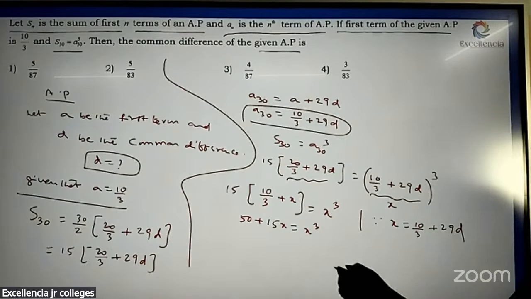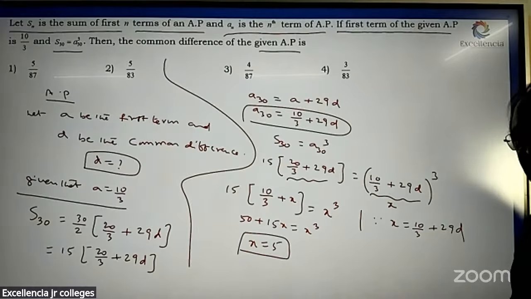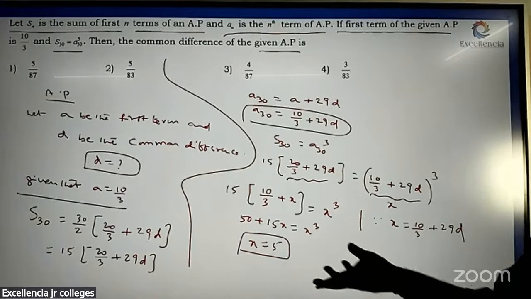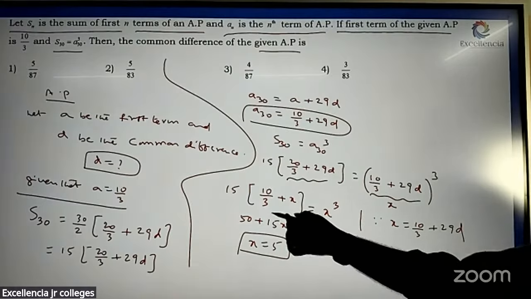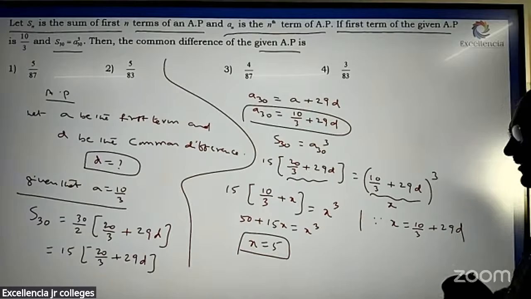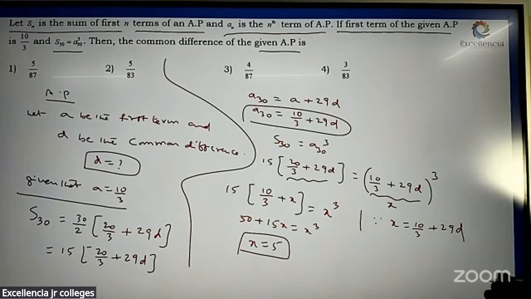By trial and error, I can say x equal to 5 is the solution. When you take x equal to 5, 50 plus 75 is 125, and 5 cube is 125.